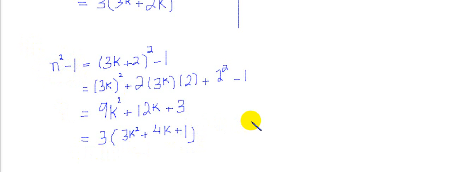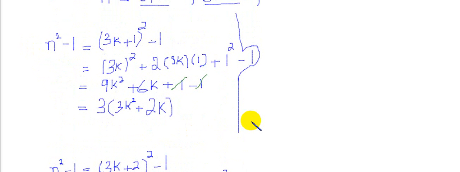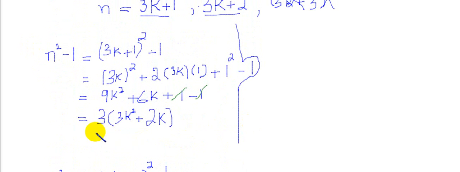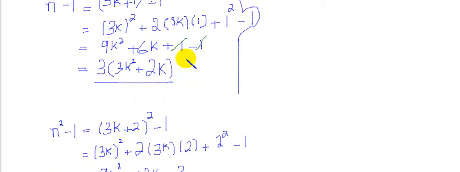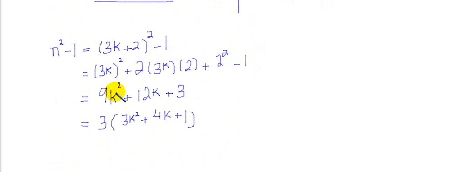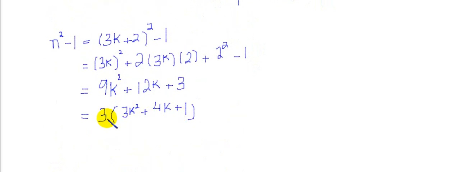By the exhaustion method we successfully proved that n squared minus 1 is a multiple of 3, because whatever this gives us will be a multiple of 3, since something multiplied by 3 is definitely a multiple of 3. Hence proved. Thank you.